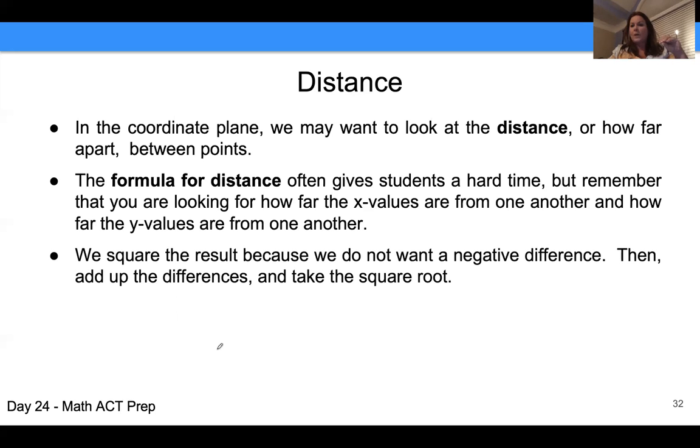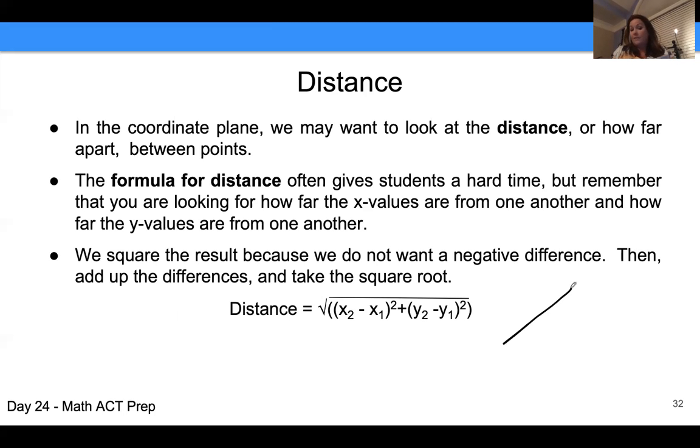We've got some squares and some square roots because you can't have a negative distance. Can't run -2 miles. So here is our distance formula. It is the square root of x2 minus x1 squared plus y2 minus y1 squared. And what you're doing here is, if you have this line, let me change color.